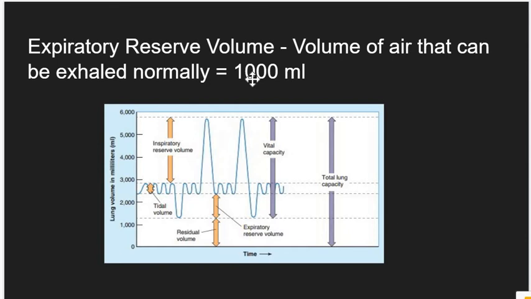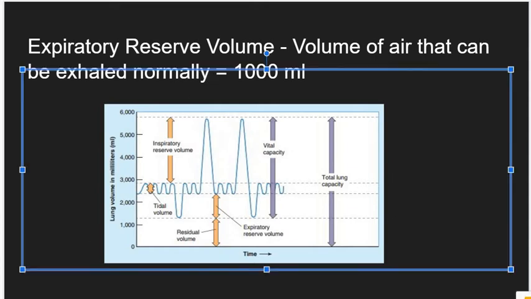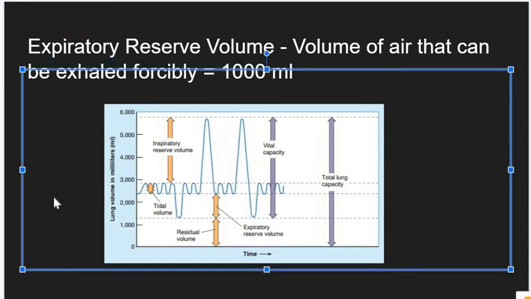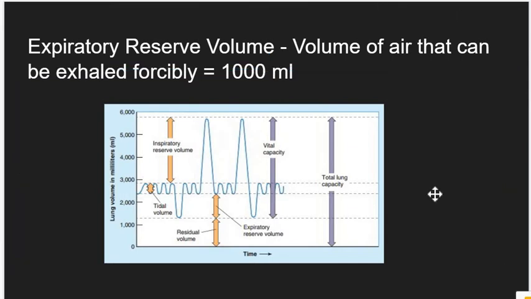The amount of expiratory reserve volume is 1000 ml. इसको हम supplement air भी कहते हैं. Here I would like to do a correction. Expiratory reserve volume is the volume of air that can be exhaled forcibly. जिसको हम forcibly exhale कर सकते हैं. That is 1000 ml, and that is the expiratory reserve volume.